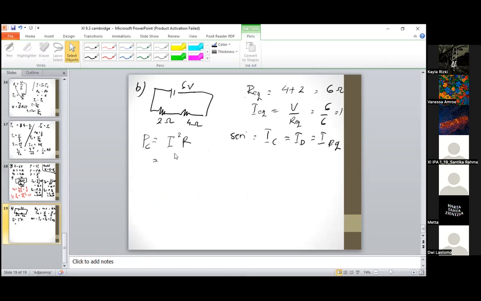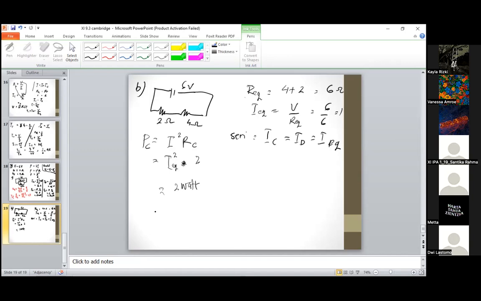So this is I square, I quadrat, equal what?